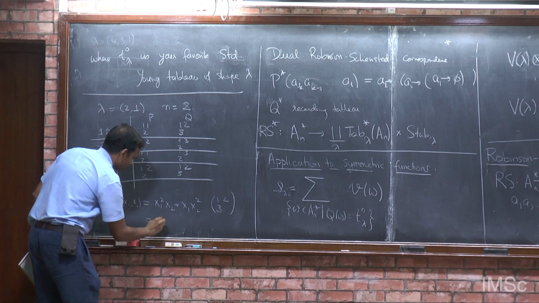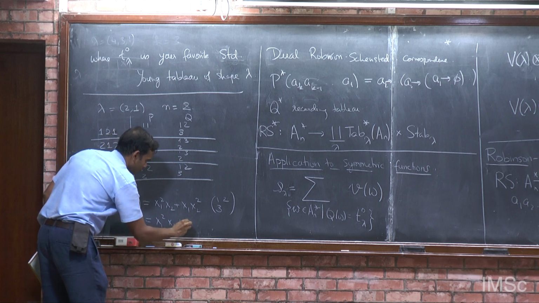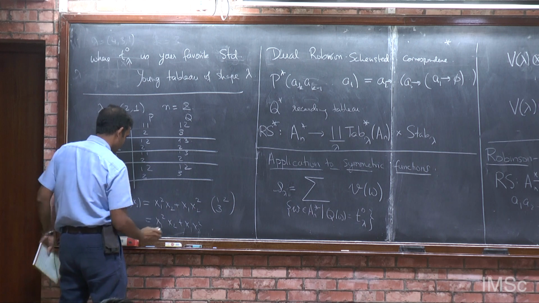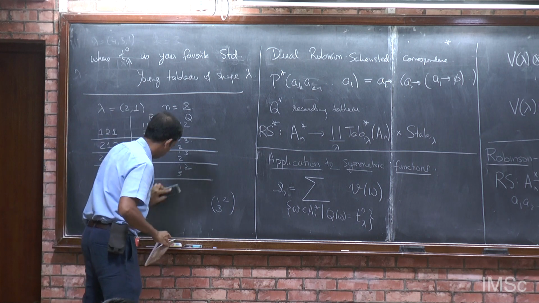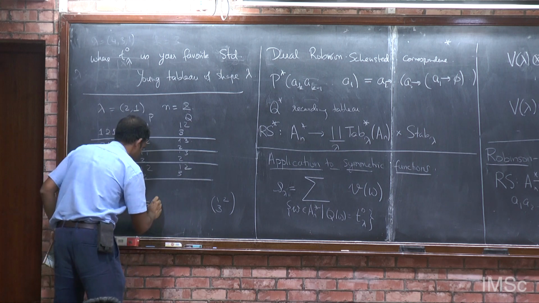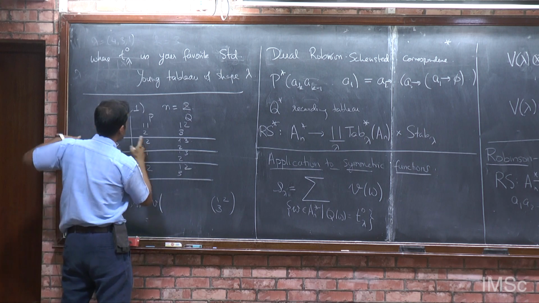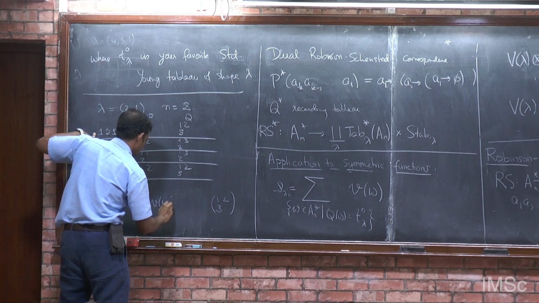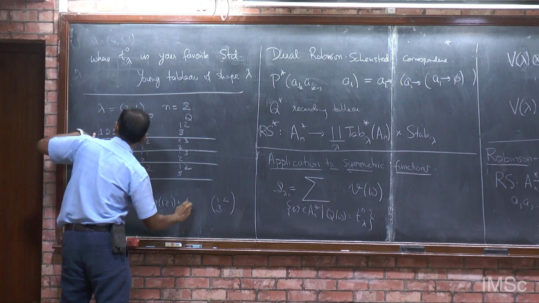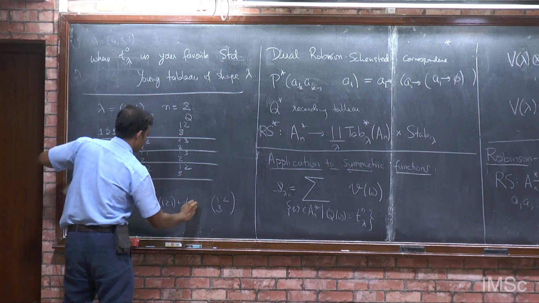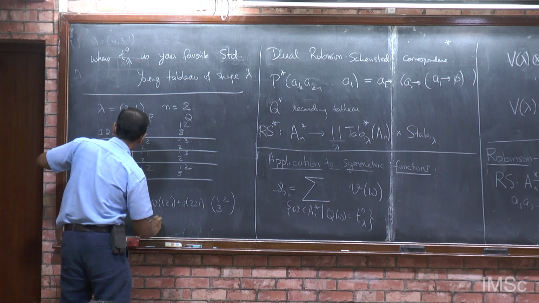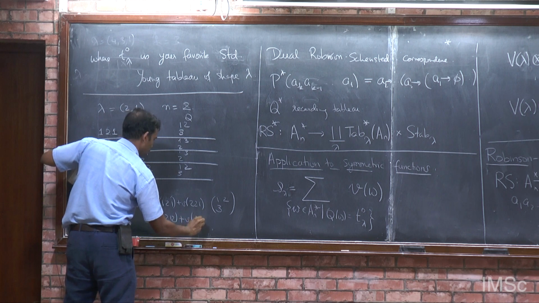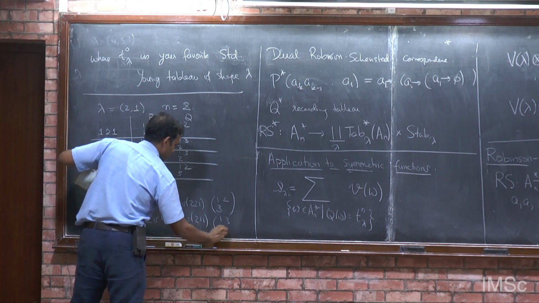So maybe it is more illustrative if I write down the tableau corresponding to these things. So V of the words 1, 2, 1 plus V of 2, 2, 1, and here it is V of 2, 1, 2 plus V of 2, 1, 1, and this corresponds to 1, 3, 2.